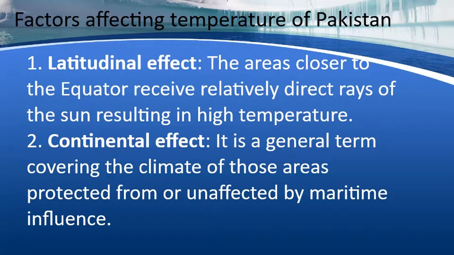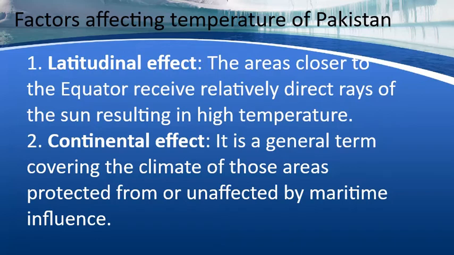Next, continental effect. It is a general term covering the climate of those areas protected from or unaffected by maritime influence. Maritime influence means the influence of sea on temperatures. Along coastal areas, ocean currents and prevailing wind usually have moderating effect on temperature.